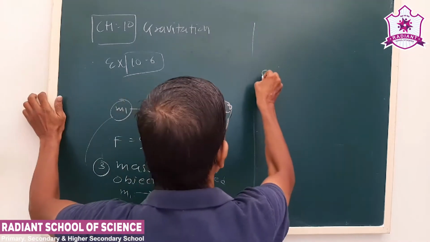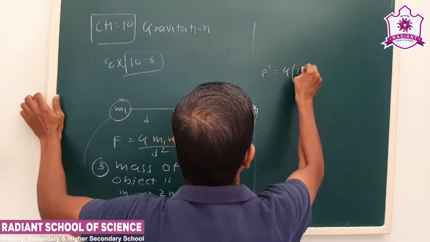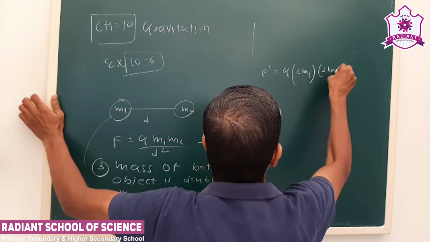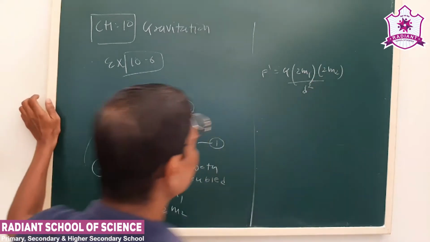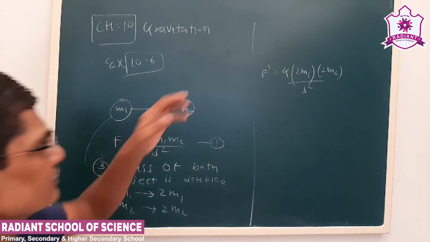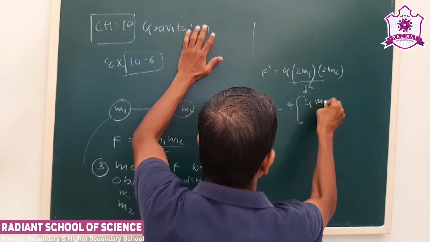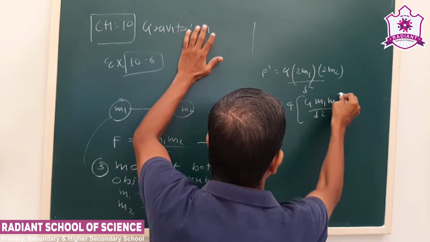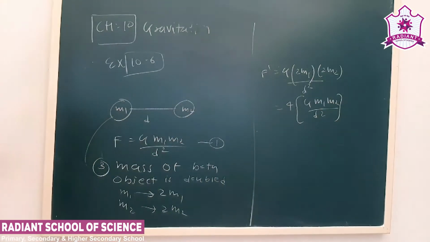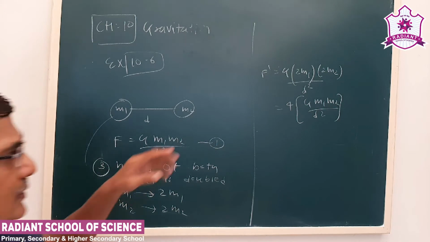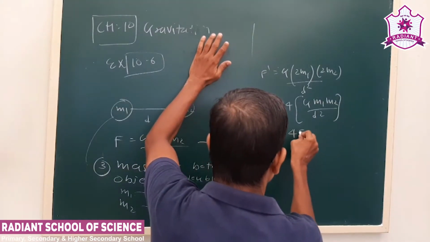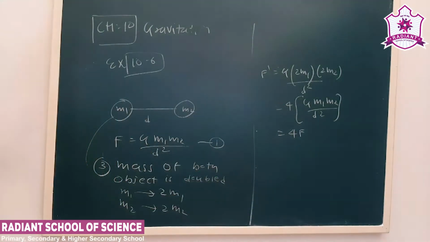F dash is G 2 M1 2 M2. See, the distance remains the same. Okay, now you can solve. So this will be 2 into 2, 4. Now again, see the G M1 M2 upon d square is F. So force has become 4 times.